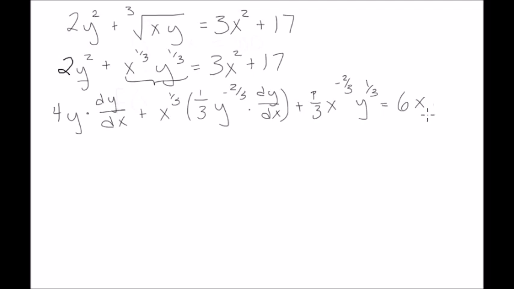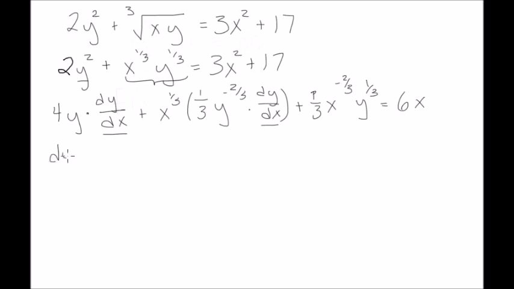Okay, so now I look at this mess and I need to get dy dx, just solve for it algebraically, and I'll get some expression that is a function of both x and y. So I notice that my third term on the left does not include a dy dx. I'm going to move it to the right-hand side. I'm also at the same time going to factor out this dy dx from the first two terms on the left-hand side.